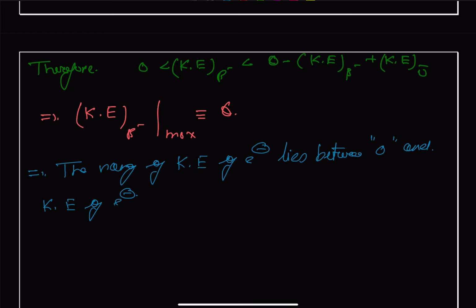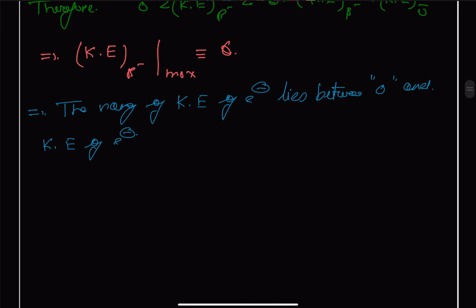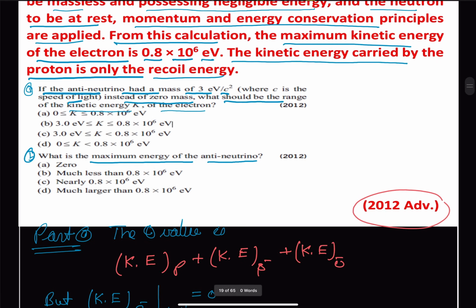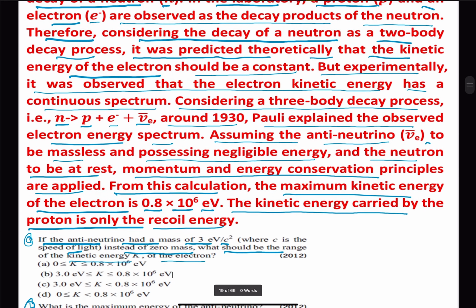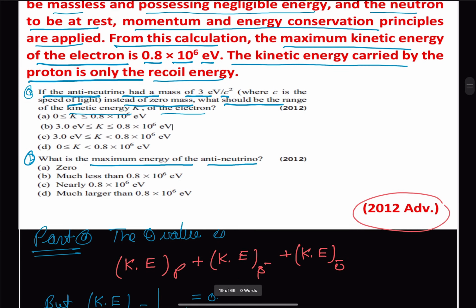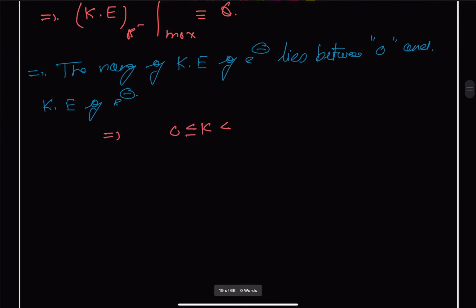Therefore, we can say the kinetic energy will be greater than or equal to 0, but less than the value given to us as 0.8 into 10 to the power 6 electron volt.